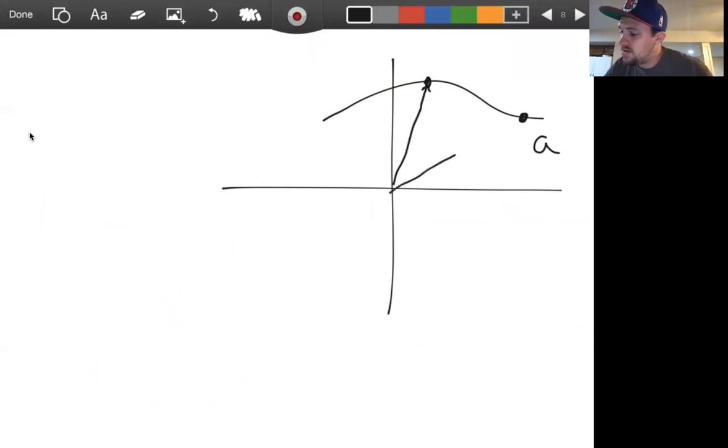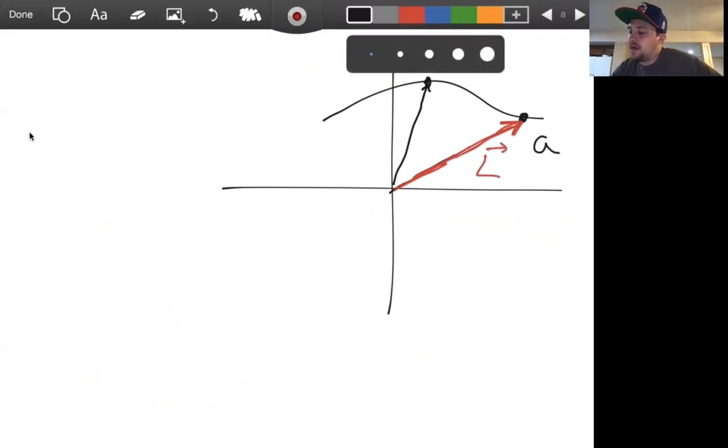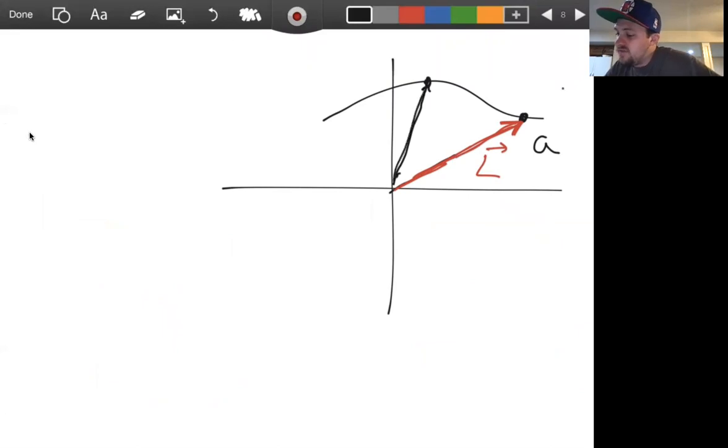So here, let's draw in red. This is my limit vector. Now, what does the limit look like? Well, it's a vector. Here's some t value. And as t approaches a, these vectors get closer and closer to approximating this vector L.